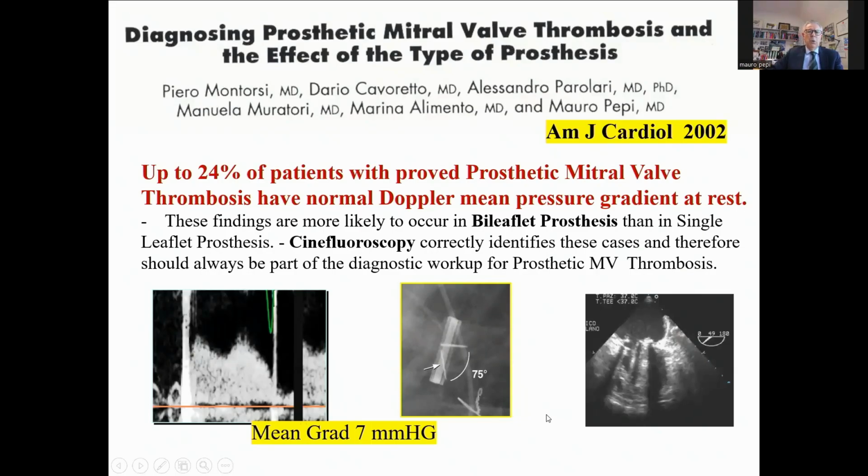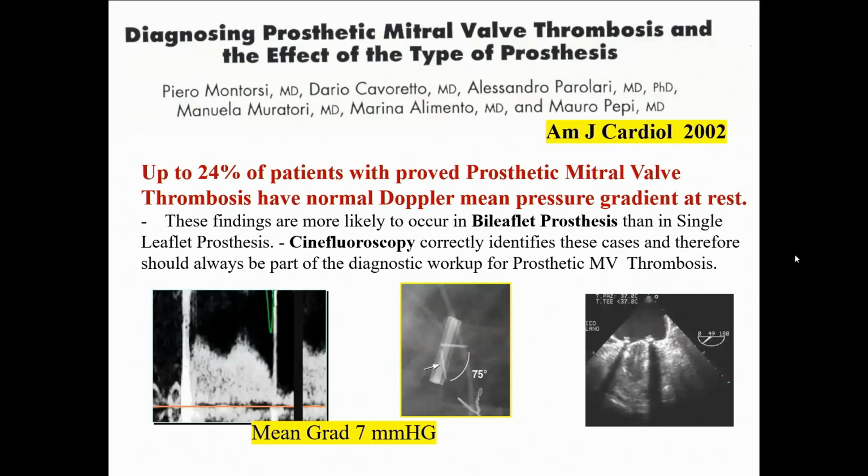So why is this so important? Because 20 years ago, we decided to collect data concerning the presence of up to 24% of the cases with a proven prosthetic mitral valve thrombosis that have a normal Doppler mean gradient at rest.